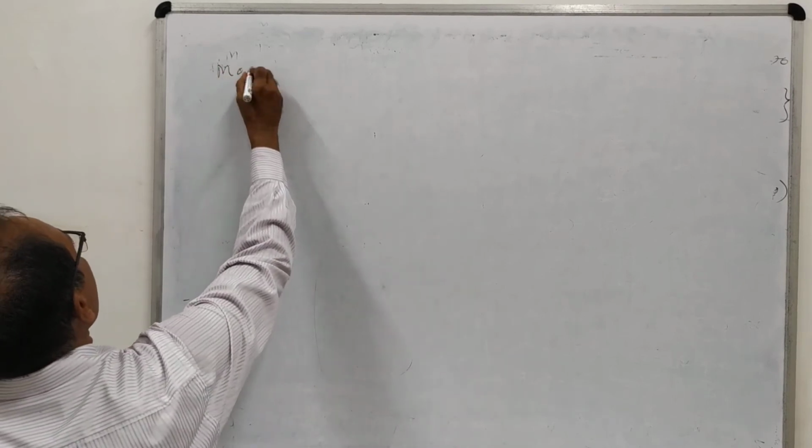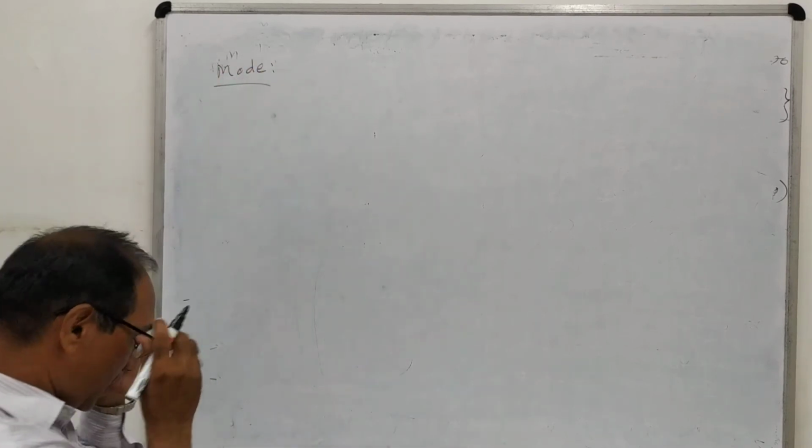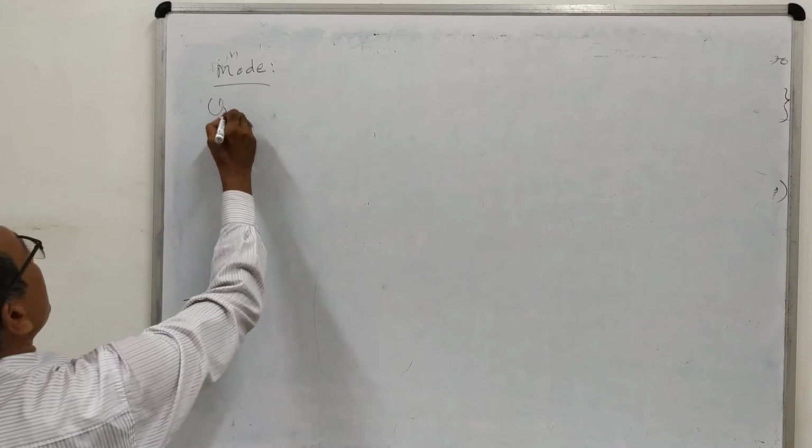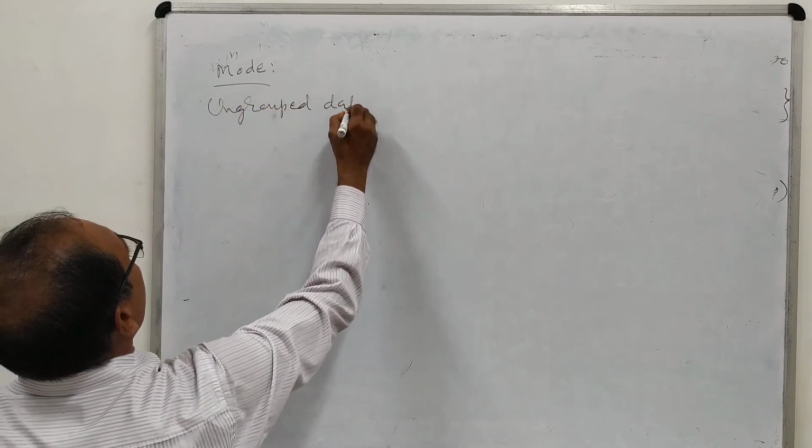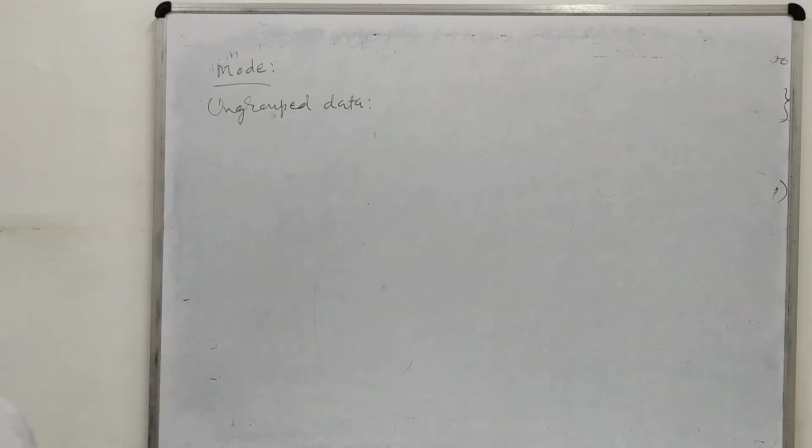Now let us go for mode. How to find the mode? Mode again we can find for three things: for ungrouped data, then for simple frequency distribution, and then for grouped frequency distribution.